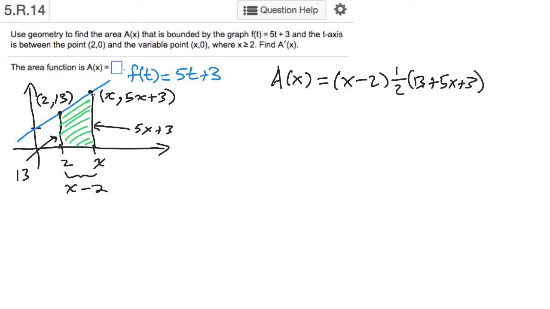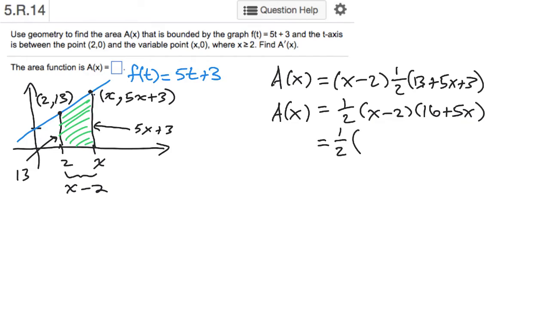So the average of 13 and 5x plus 3 is just 1/2 times (13 plus 5x plus 3), which is, I'll put the 1/2 out here, and 13 plus 3 is 16 plus 5x. So that's the correct formula for the area of the trapezoid. That would be the first answer. I honestly don't know if MyLabs Plus cares if that's multiplied out or not, but just in case it does, and also because I know the next question it's going to ask me, I'll go ahead and do it.